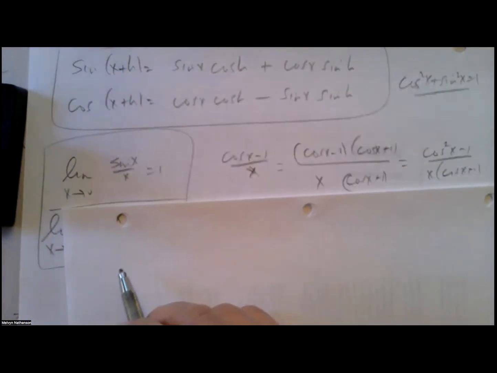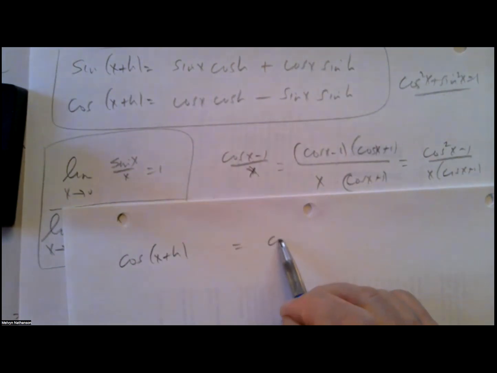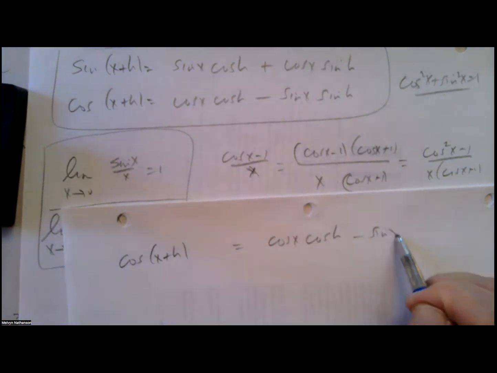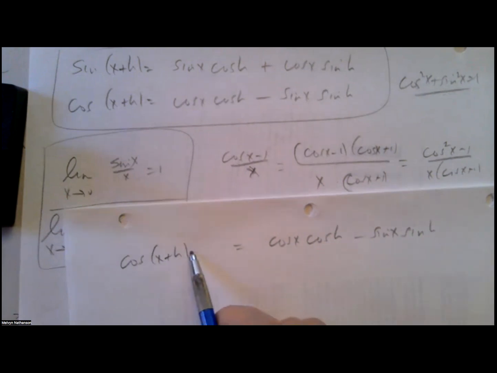And I can get the derivative of the cosine in a completely similar way using my trig identities. So I have the cosine of x plus h is cosine x cosine h minus sine x sine h. And from this I subtract cosine x.